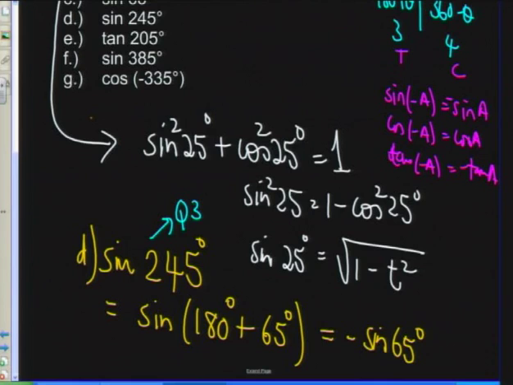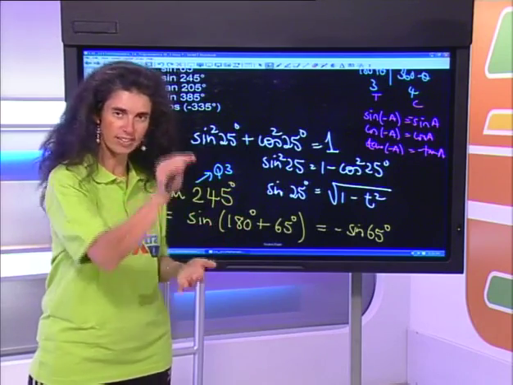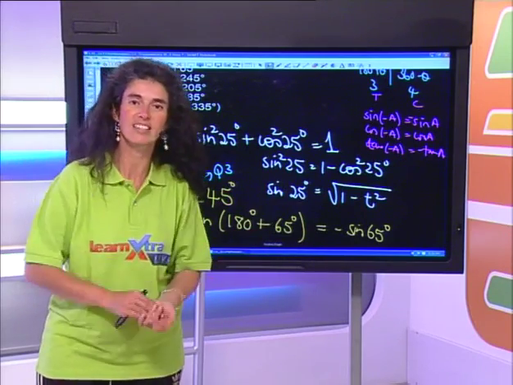And why is that? Quadrant 3 has tan as positive, so therefore sine of that angle will be negative, and so it's the same as negative sine 65. I can't say that sine 245 is equal to sine 65, and test this on your calculators. Punch in sine of 245, what does it give me? Sine of 65, what does it give me?